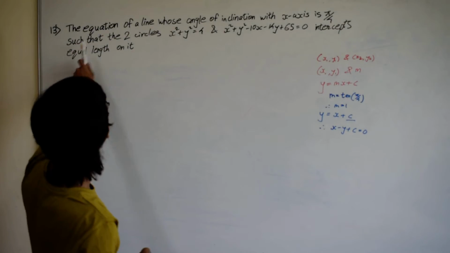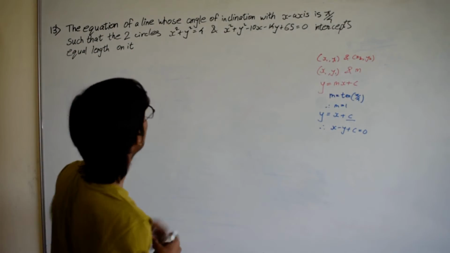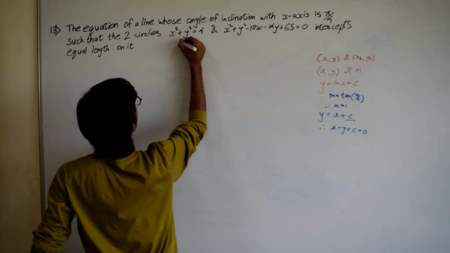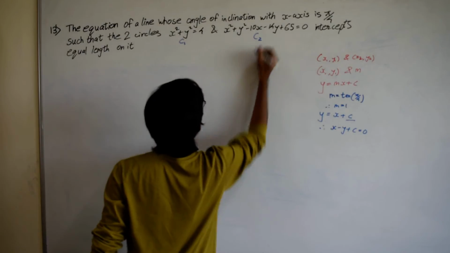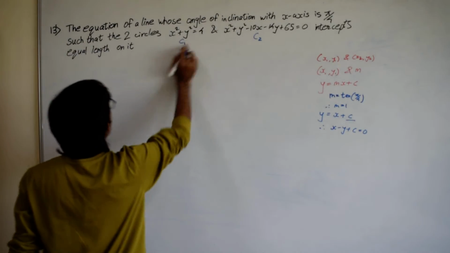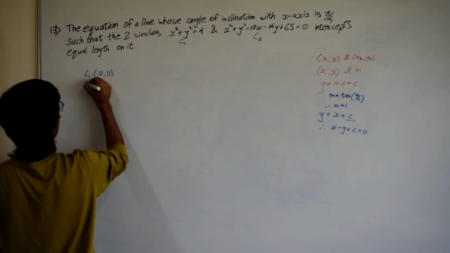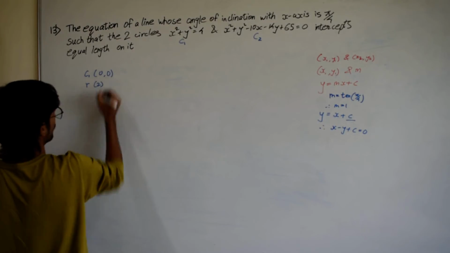Now let's focus on the other part of the question. It says that there are two circles. So let's find the center and the radius of both circles. Let us call this circle C1 and this circle C2. The center of circle C1 would be 0, 0, and the radius would be root 4, that is 2.